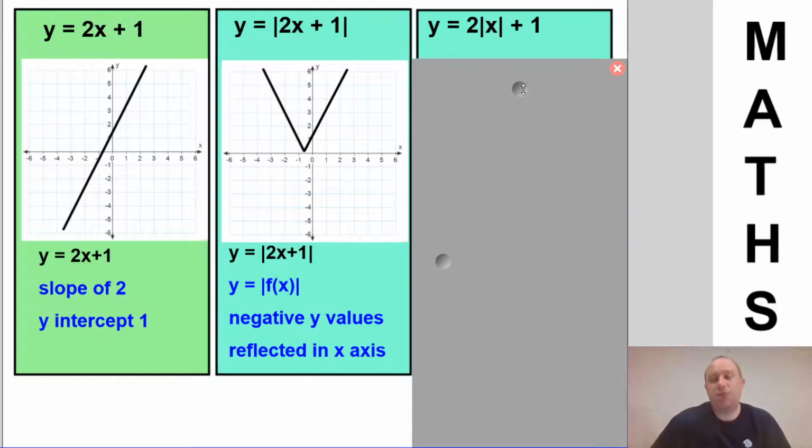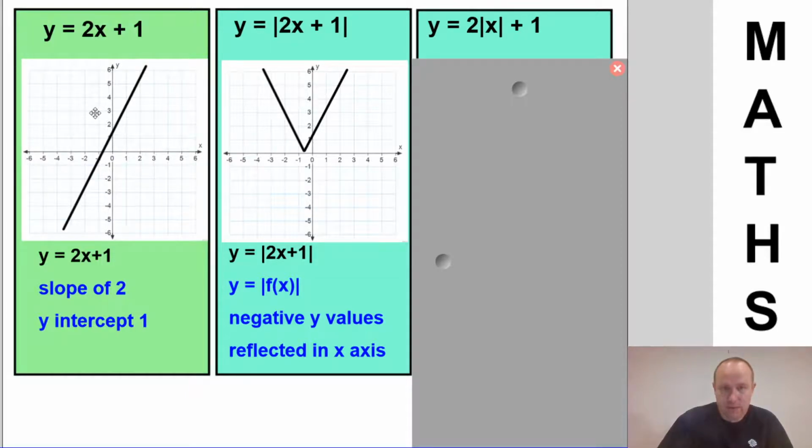The one where it's just around the x, absolute value, remember, makes things positive. If it's already positive, it doesn't do anything at all. So for this graph here, this part is actually going to stay the same. 0, 1, 2, 3, all these values here are going to be exactly the same. These ones here, though, these are my negative values. So my -1 value is going to be the same as my +1 value.